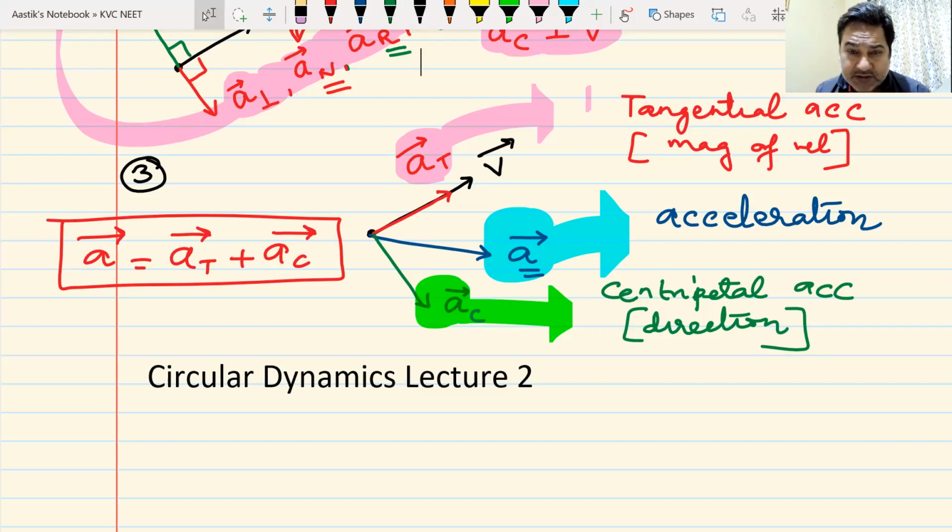This A vector is the mother acceleration, which can be broken into two daughters. One daughter, A tangential, will change the speed of the particle, the magnitude of velocity. The other daughter, the centripetal acceleration, will change the direction of velocity of the particle.